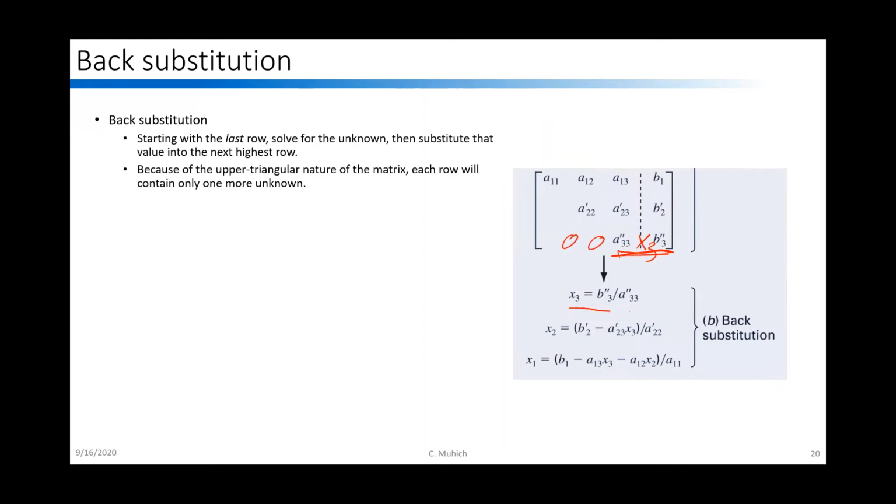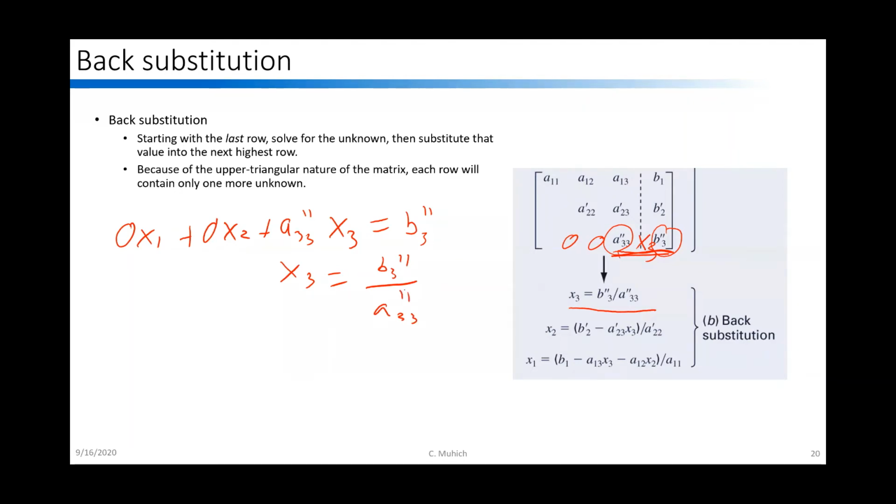Once again, my x3 value is what's on the right divided by what's on the left. Remembering, if I were to multiply this out, I have 0x1 plus 0x2 plus a33 double prime x3 must equal b3 double prime. Well, x3 must be b3 double prime over a33 double prime.